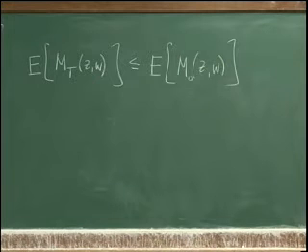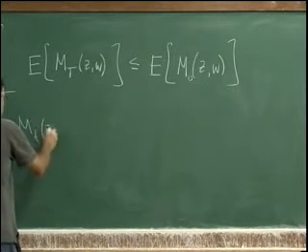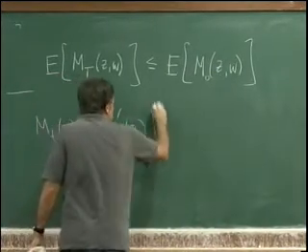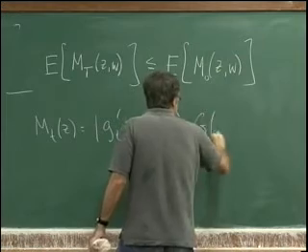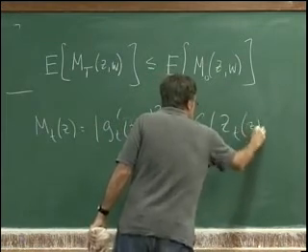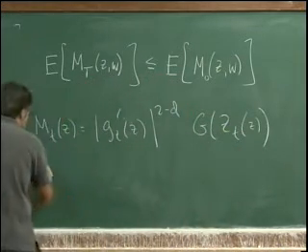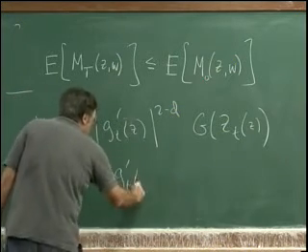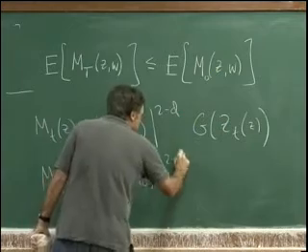Now let me remind you what M_t(z) is: G_t'(z) to the 2 minus d times the Green's function of z_t. And M_t(w) is G_t'(w) to the 2 minus d times the Green's function of w_t.